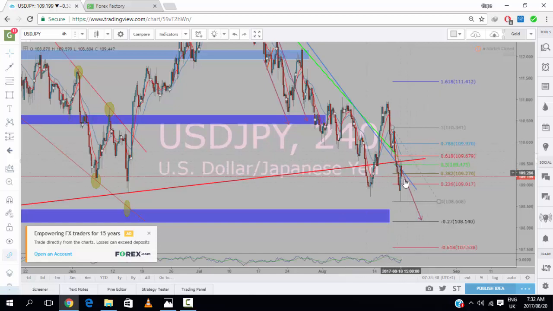But for now, I think we close around here. But if we can't break this support here, of these wicks, then maybe we could be looking for longs. But I'll just keep y'all updated, right?